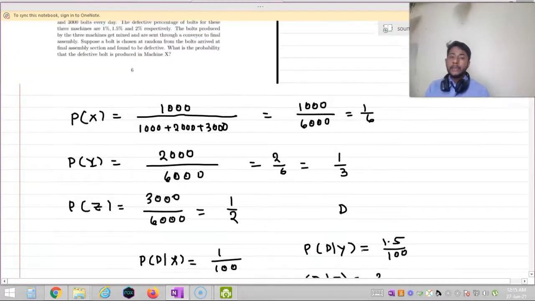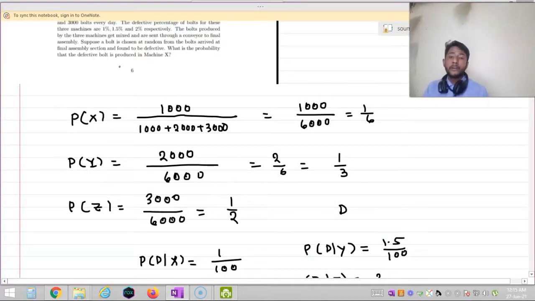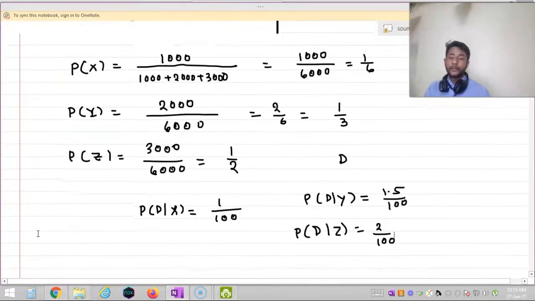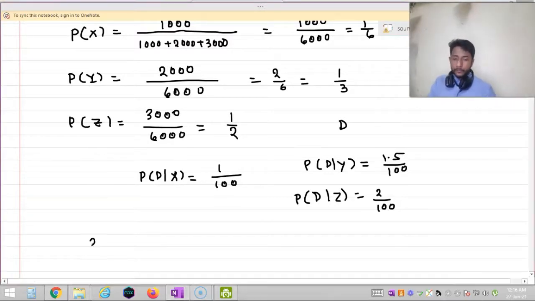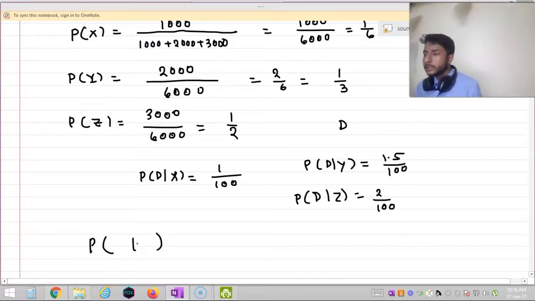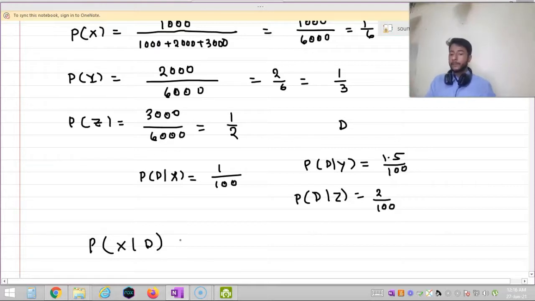Then they have asked us to find the probability of the defective bolt being produced by machine X. We already know that the bolt is defective, so we have to find the probability that it was produced by X, given that it is already defective. So I am writing defective in the condition, and X as the event.